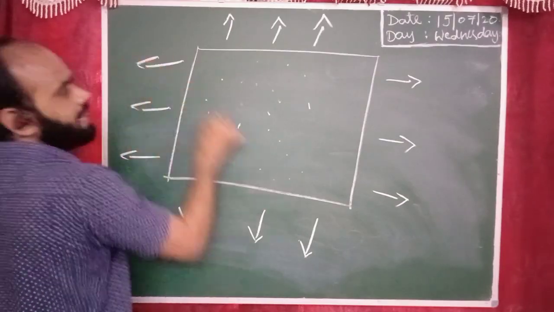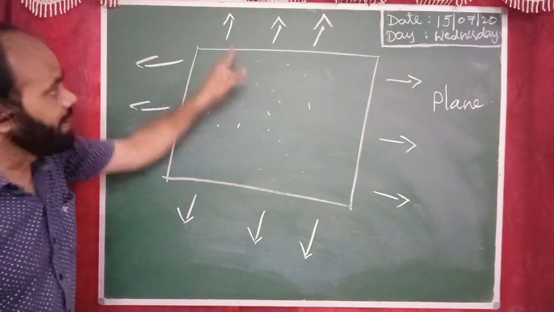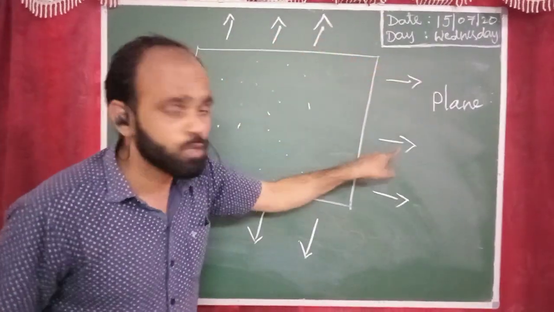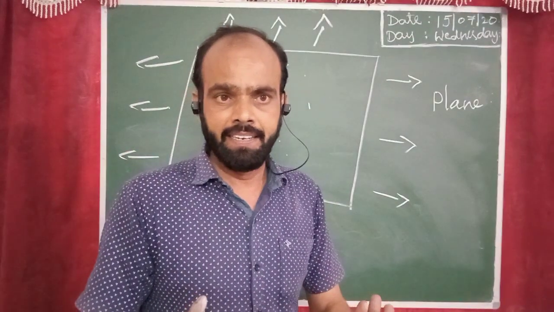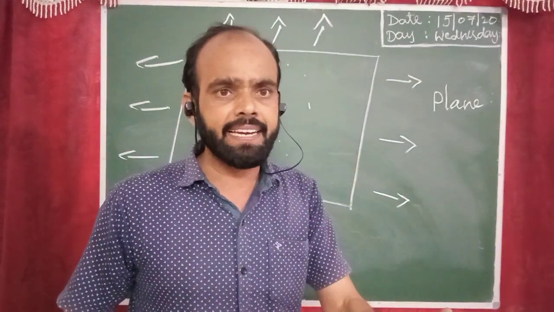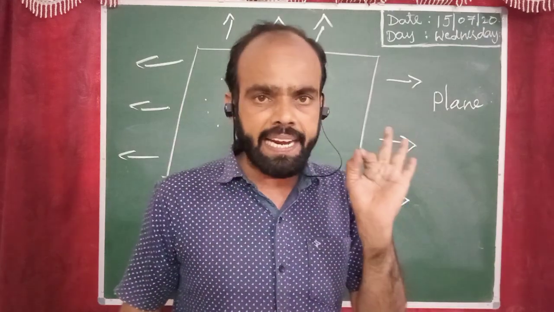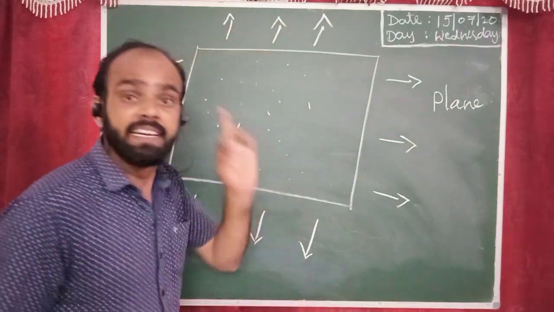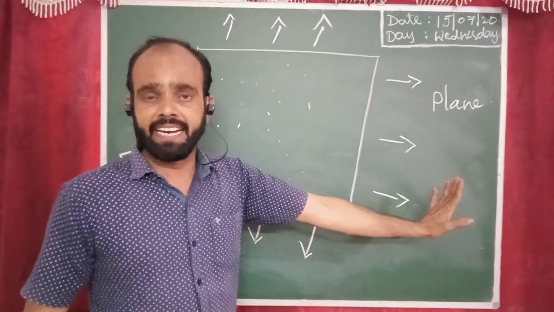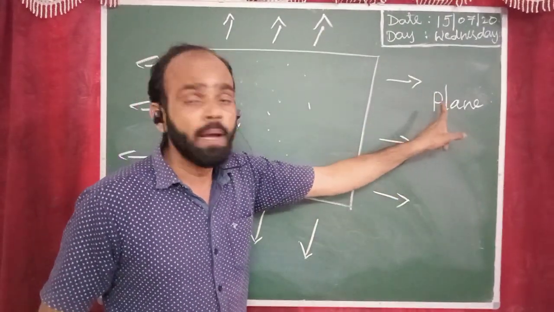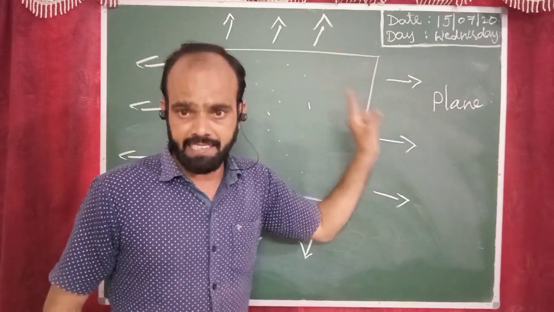What we call this is a plane. And remember, whenever I have written these arrow symbols, there is no limit at all. It is not definite. When it is not definite, we say that it is not defined. Only definite things are considered defined terms. Plane is also not a definite expression, and hence we say plane is also an undefined term.